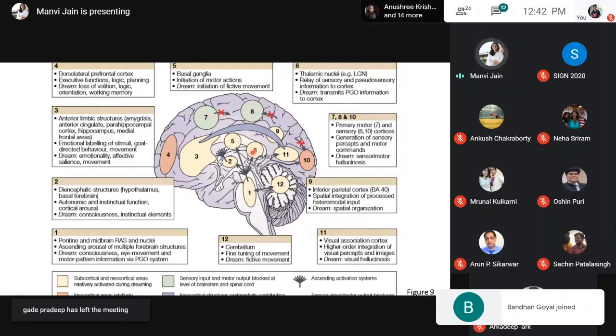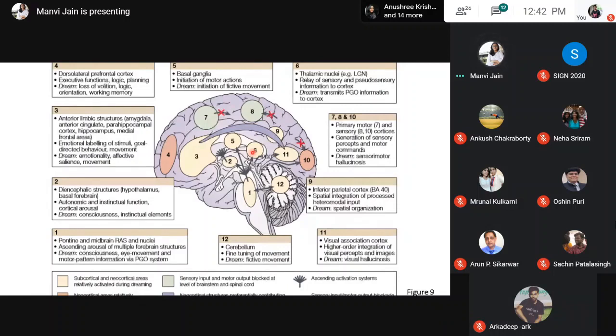And then the seventh and eighth regions, both are deactivated because sensory motor hallucinosis has to be there. And then the 10th part is also deactivated, again for the same purpose. The ninth part is activated, and equally important, the region of Brodmann area 40.